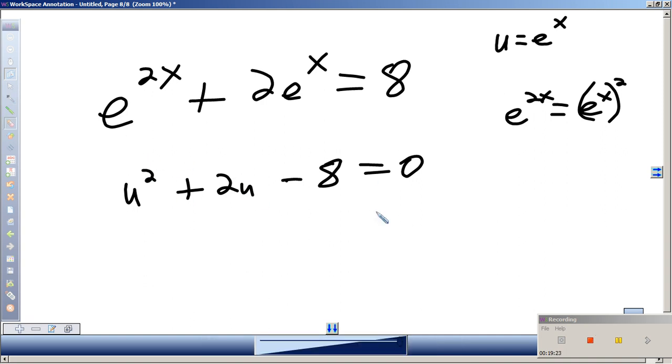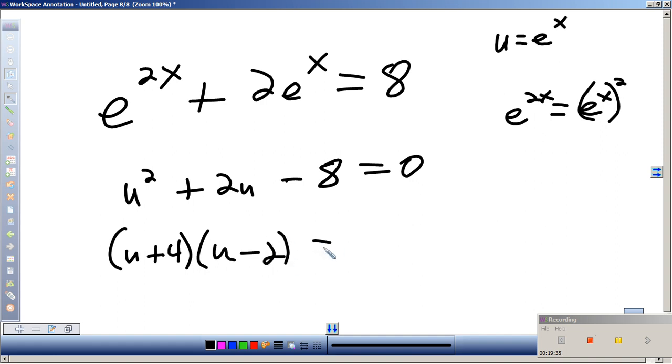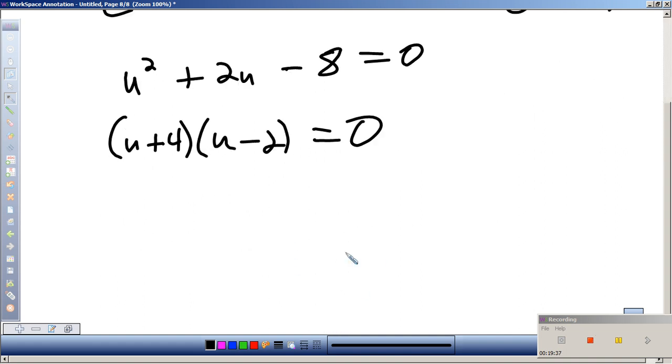So what do we do next? How do you factor? (u plus 4)(u minus 2) equals 0. Then what? u equals negative 4 or 2.